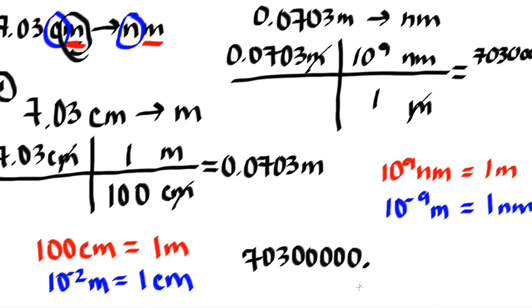So your decimal point here. We're going to practice our scientific notation. We're going to go 1, 2, 3, 4, 5, 6, 7. So the answer is going to be 7.03 times 10 to the 7th nanometers.